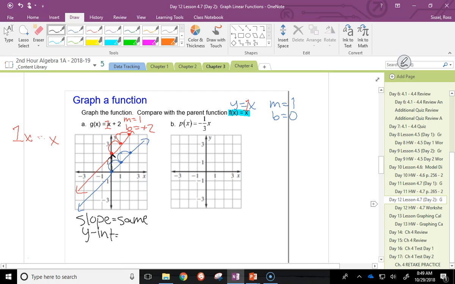So the y-intercept for g of x is 2 greater than it is for the parent function f of x. Does that make sense? Yeah. Okay, what about for p?